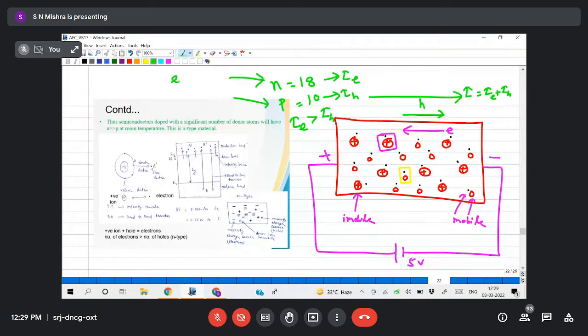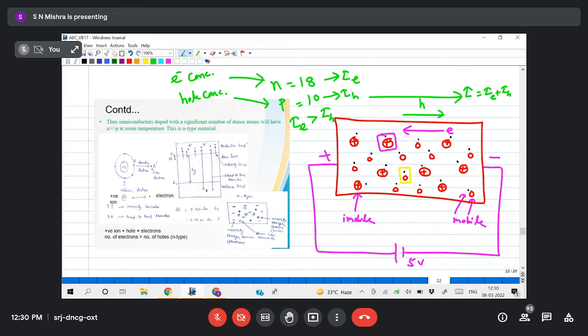So this is electron concentration, this is hole concentration. What is concentration? I already told you. If I take 1 centimeter cube volume of semiconductor and I find this many number of electrons and holes, that is called concentration. Okay.